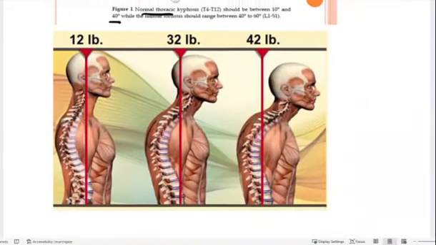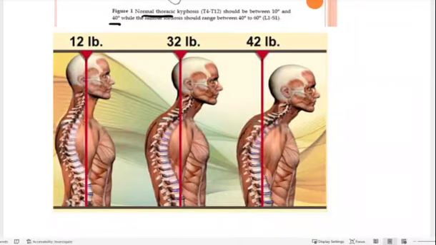Now talking about the head, this is a forward head posture that you can see. This is the normal posture here. You can see the nice line going through, dissecting through the external auditory meatus, that is your external ear. But when this external ear goes forward from this line, then that's your forward head posture.